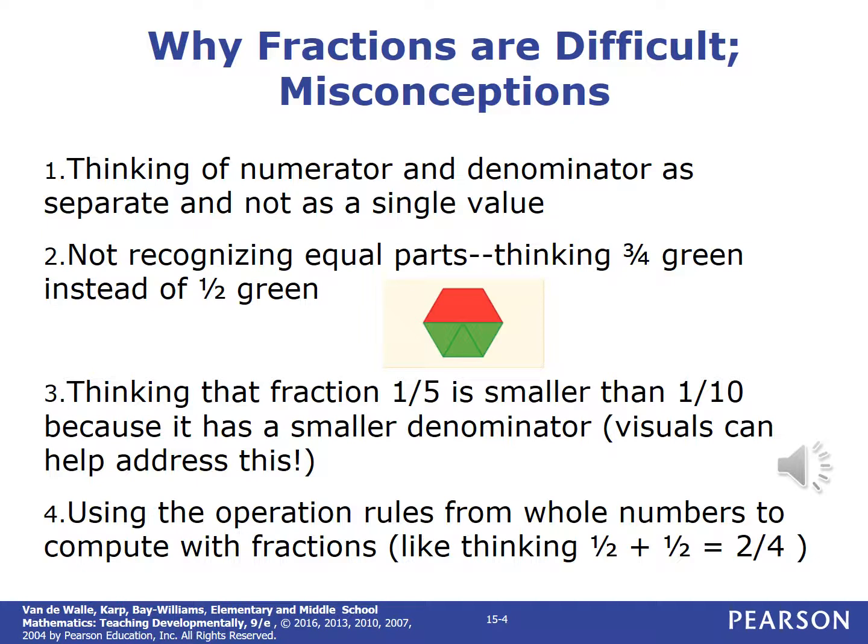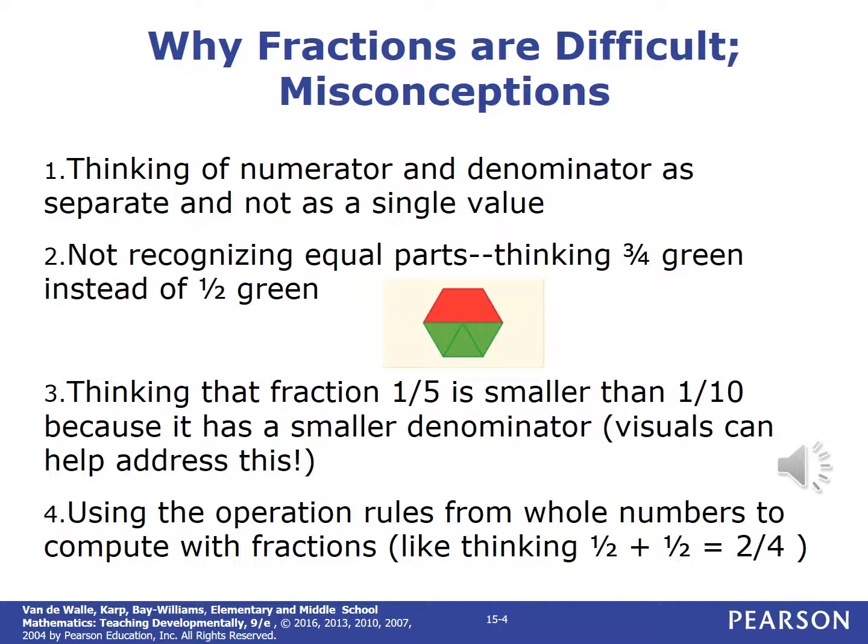So here's one misconception that students often have. They think of the numerator and denominator as separate and not as a single value, and they need to realize that together they represent one value. Another is not recognizing equal parts. For instance, on this slide, it's a little bit difficult to see, but you notice that it's partitioned into halves. However, the green on the bottom has some demarcations showing 3 triangles.